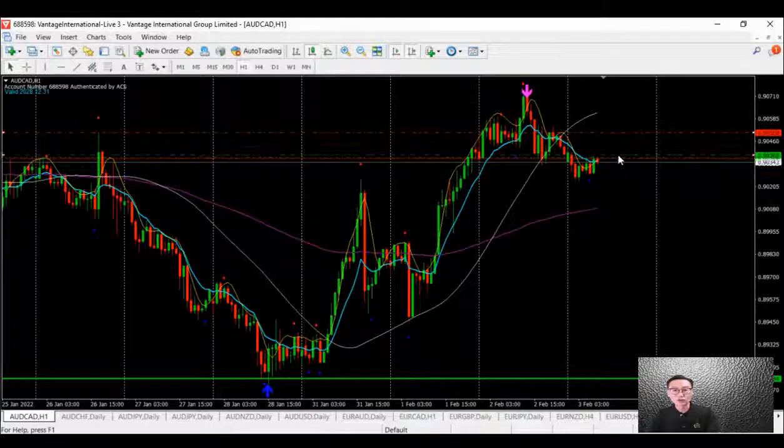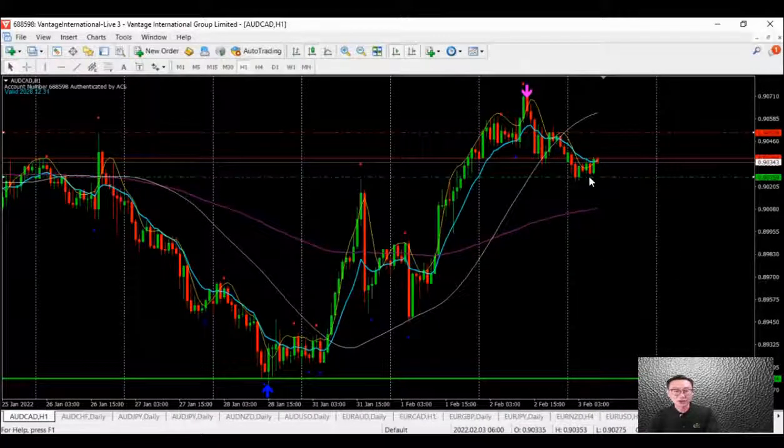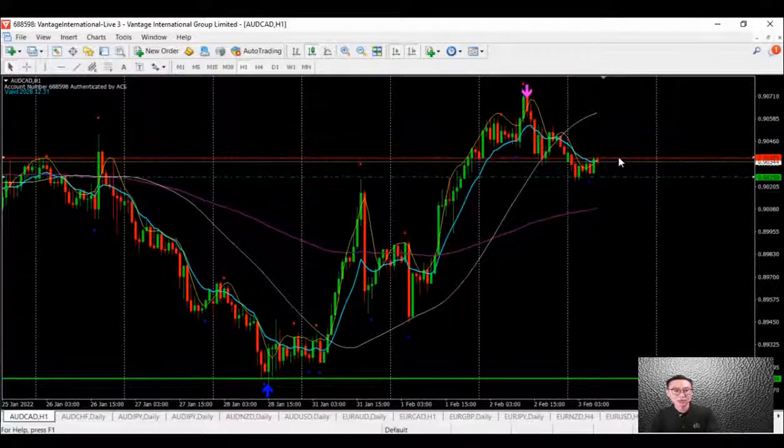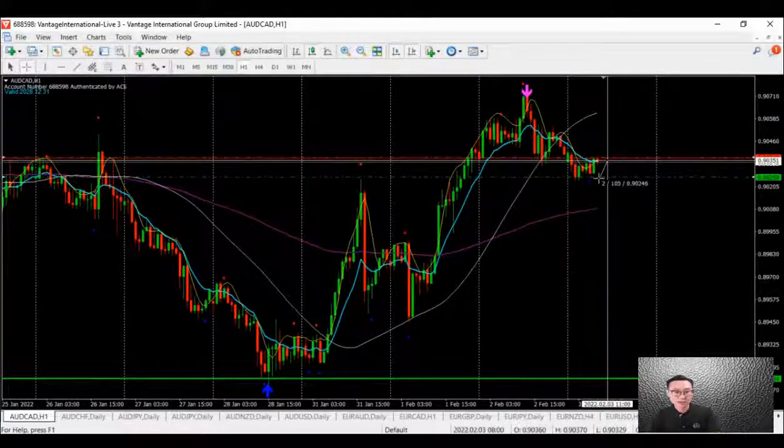But we also have to look out for the support area. Let me pull this down. In this area we only have 10 pips. So the space is very small.